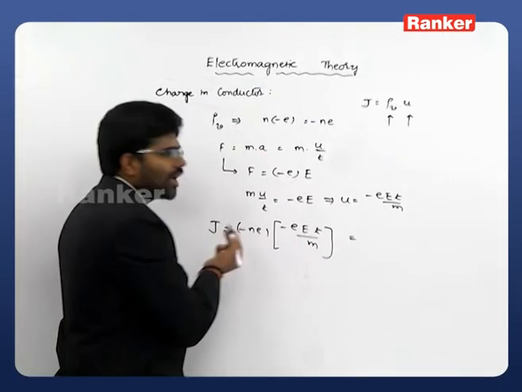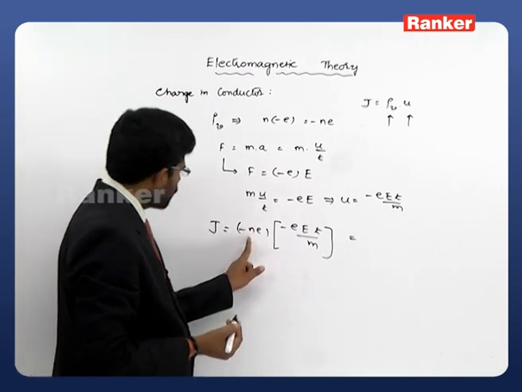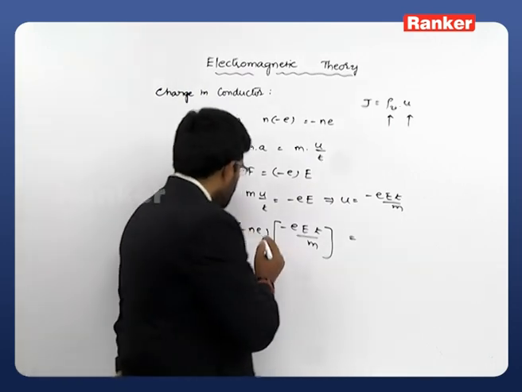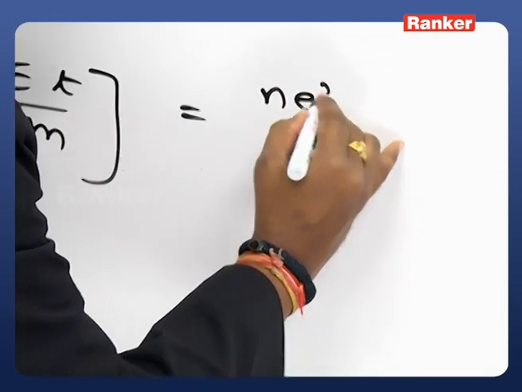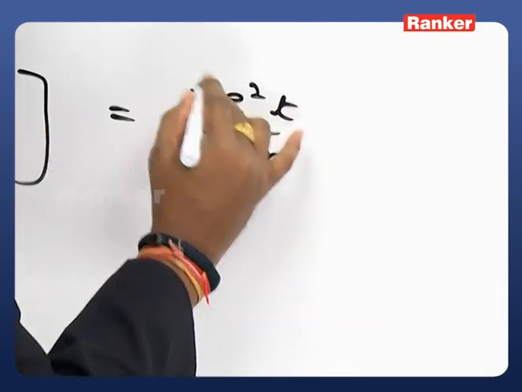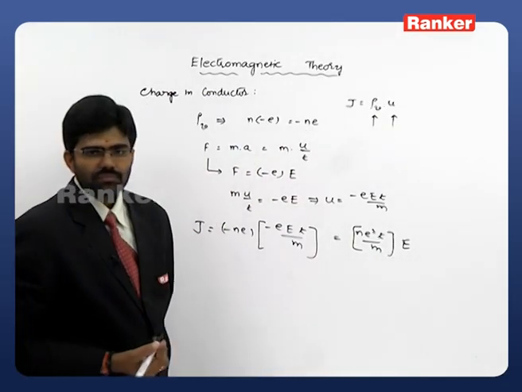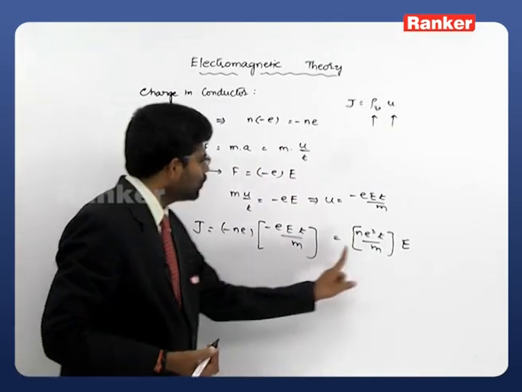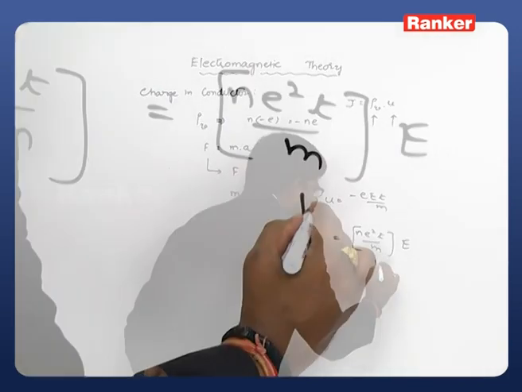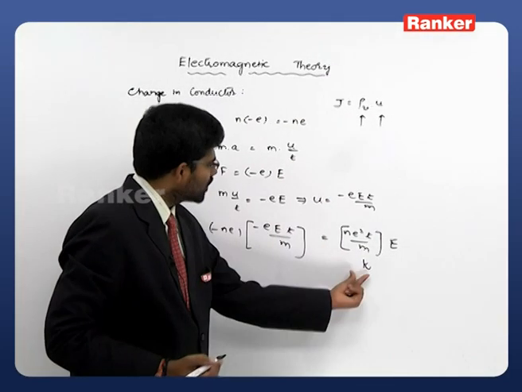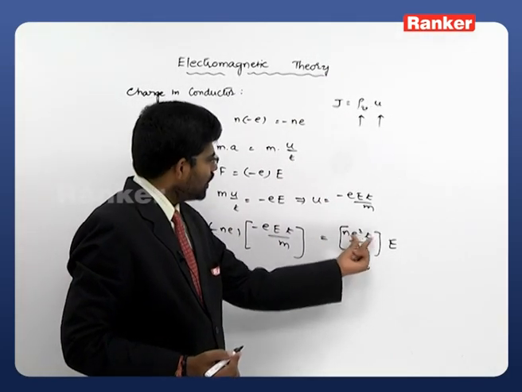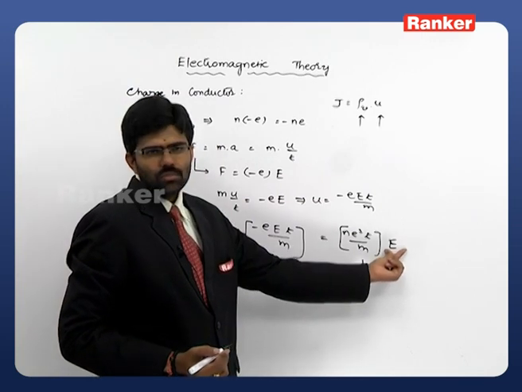I will rearrange this equation to get a beautiful form: n e square t by m, multiplied with E. So simply J is equal to some term, which for some time I will take as a constant k: n e square t by m into E.